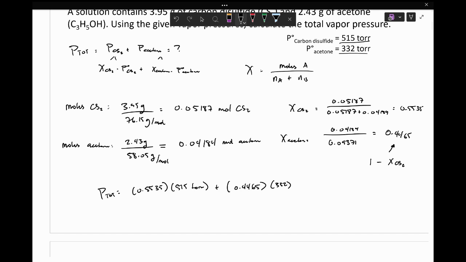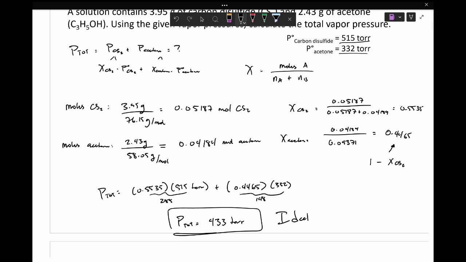And we'd get that this together is 285 torr. This together is 148 torr. And so our total pressure is simply going to be 433 torr. And this is the ideal vapor pressure, or the ideal total pressure for this solution.